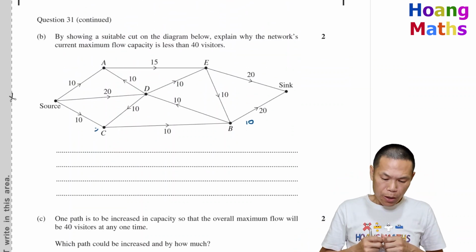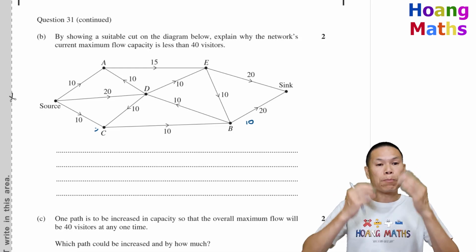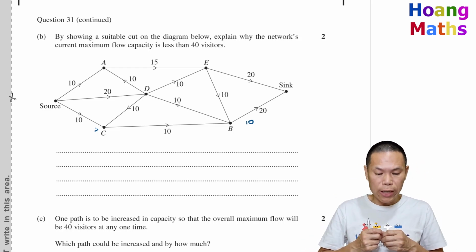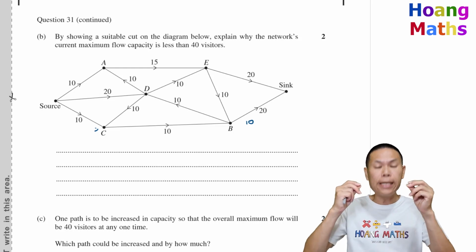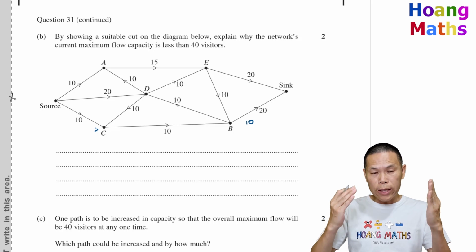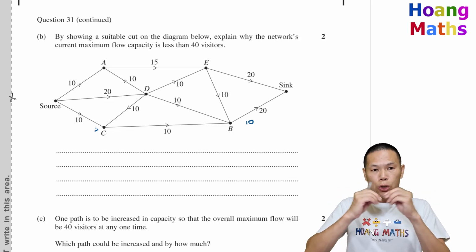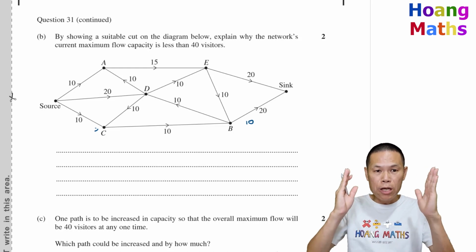Part B. By showing a suitable cut on the diagram below, explain why the network's current maximum flow capacity is less than 40 visitors. To work this out, there are two ways to do it. One way is to use trial and error and find the minimum cut.